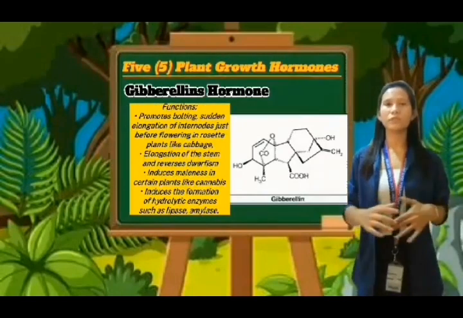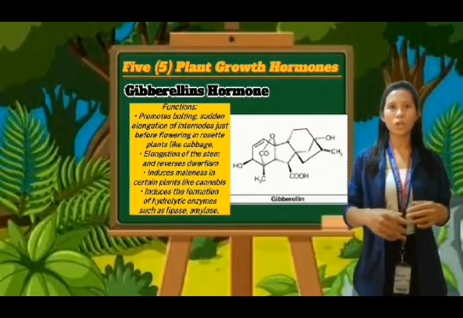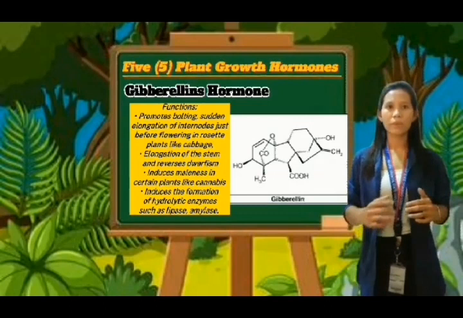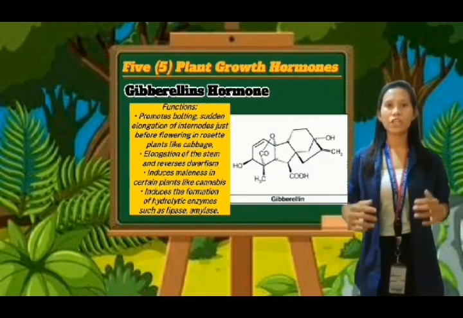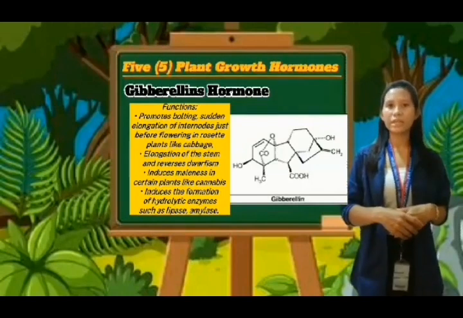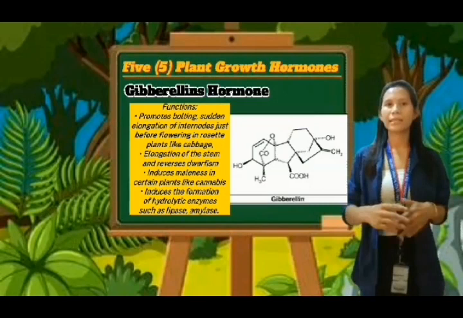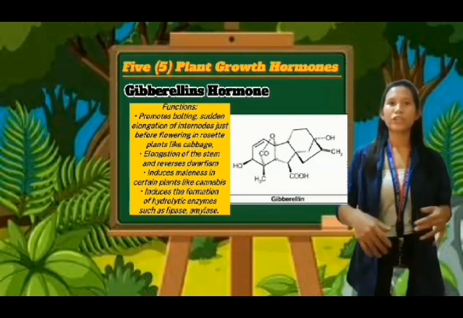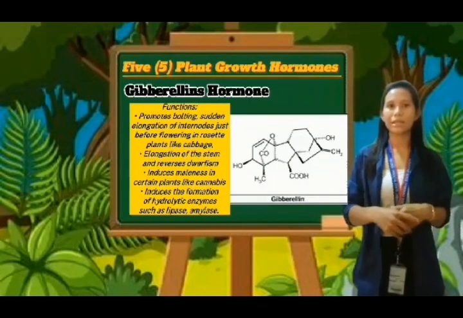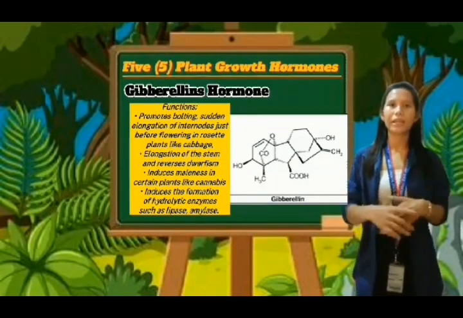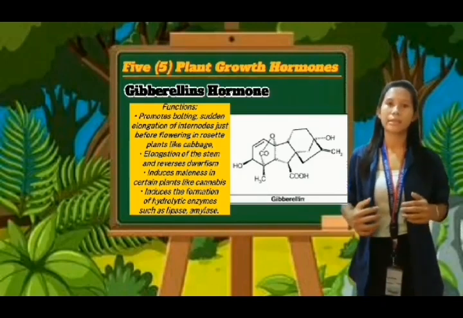The functions of gibberellins: promotes bolting, the sudden elongation of internodes just before flowering, in rosette plants like cabbage, elongation of the stem, and reverses dwarfism, induces maleness in certain plants like cannabis, and induces the formation of hydrolytic enzymes such as lipase and amylase in the endosperm of germinating cereal grains and barley seeds.